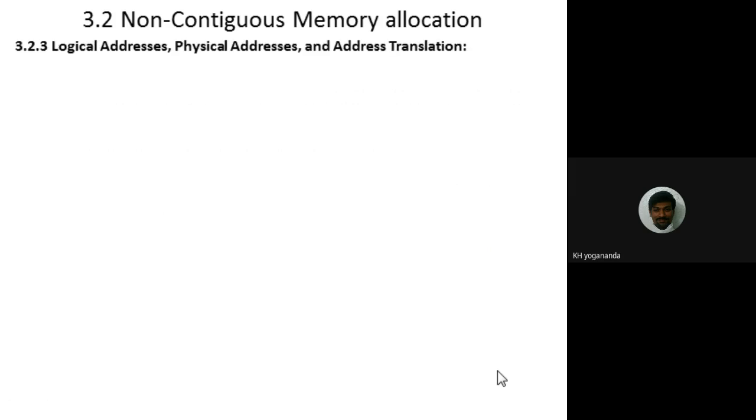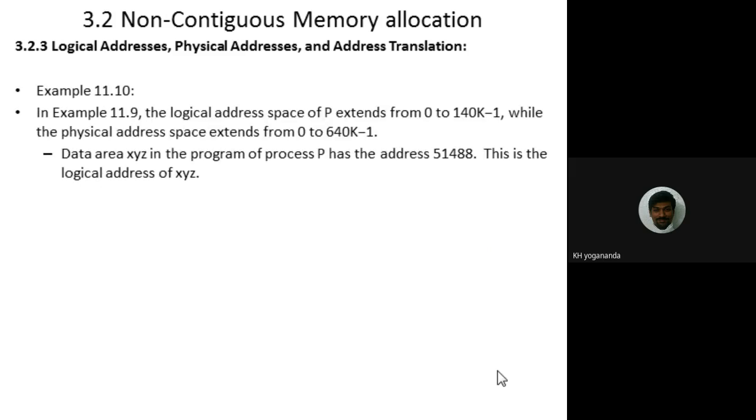Then we will take an example, the same example of a single process P having 140 KB size. The logical address space requirement for P was 140 KB, while the physical address space was around 640 KB.